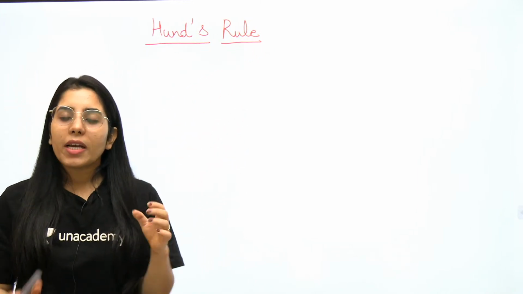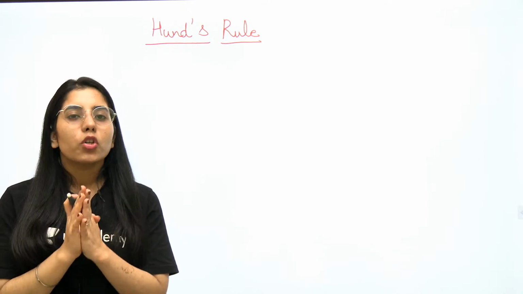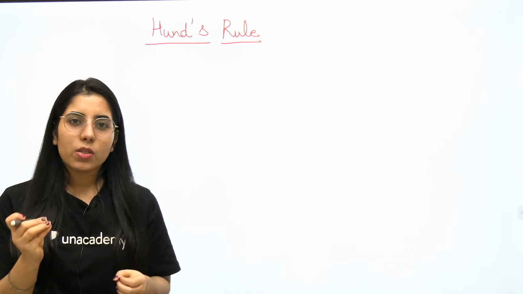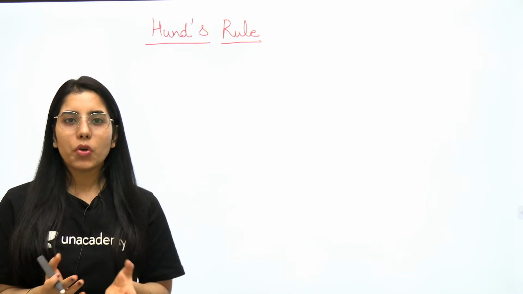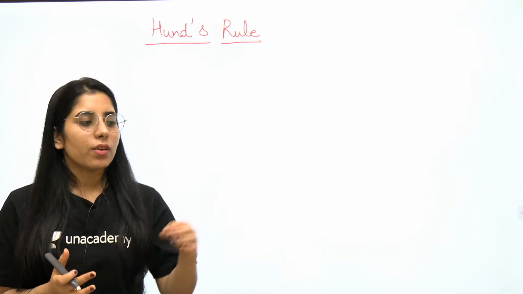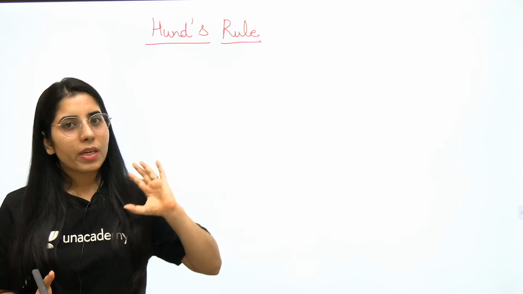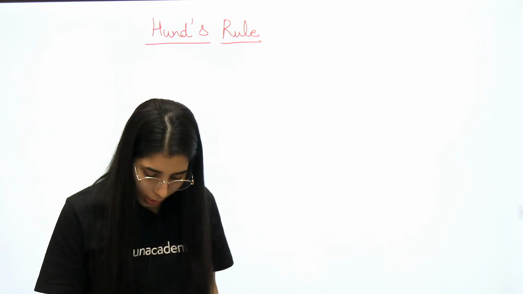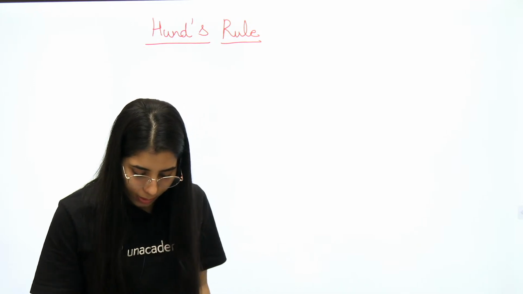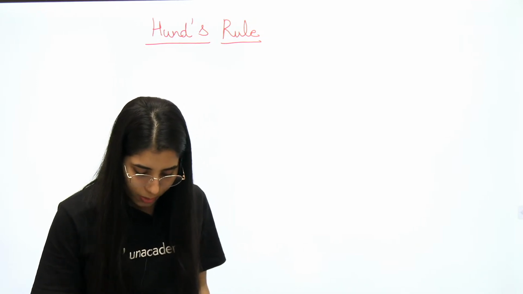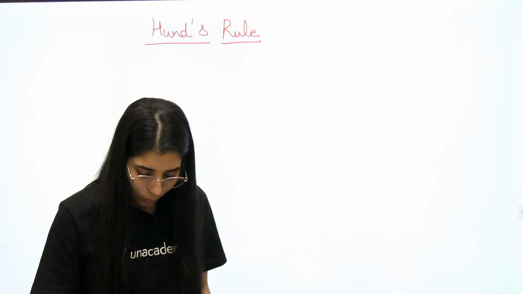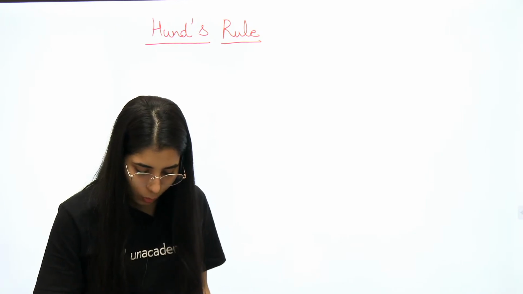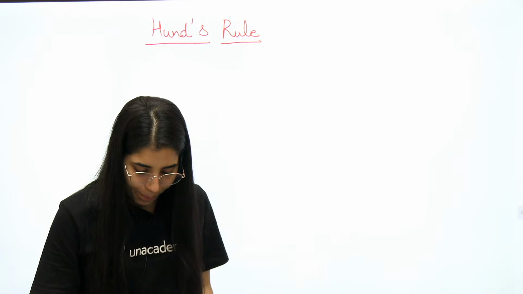Guys, whenever for any spectroscopic terms you want to find the ground state spectroscopic term, you have some number of terms, but you want to consider which one of them is going to be the ground state. So let's take the first example initially, and then we will talk about how you will consider the ground states.